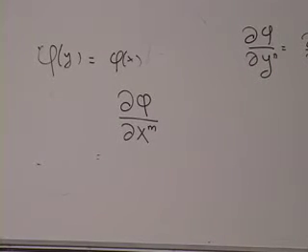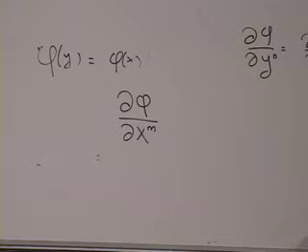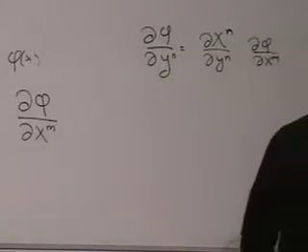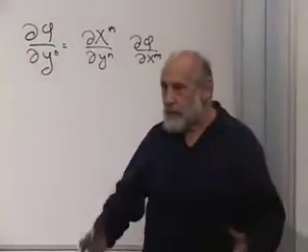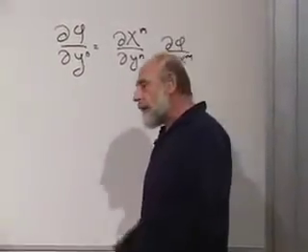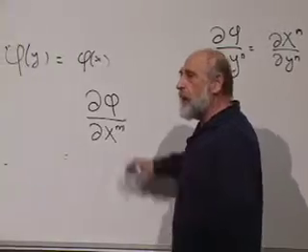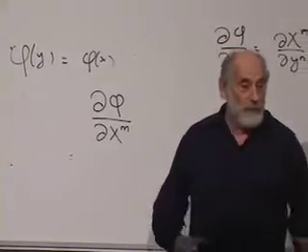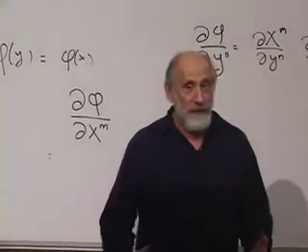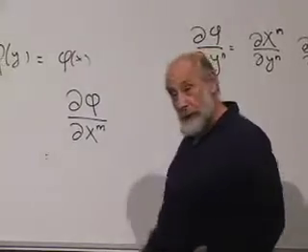So a perfectly good description of the air in this room in thermal equilibrium is that the derivative of the temperature with respect to the x coordinate is equal to 0, and you don't have to ask, will it also be 0 in the y coordinate, for the reasons I've just explained.